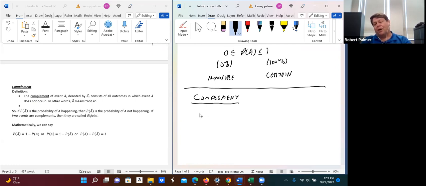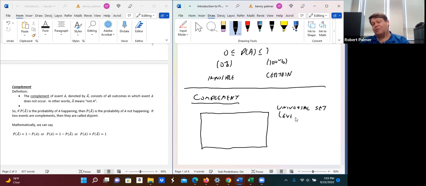We'll use something called a Venn diagram. So let's say we have a box right here. This box is what's called the universal set. The box is basically everything, or everything that could happen.